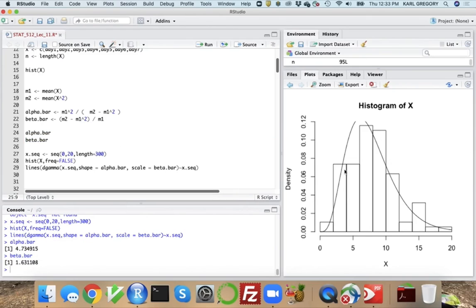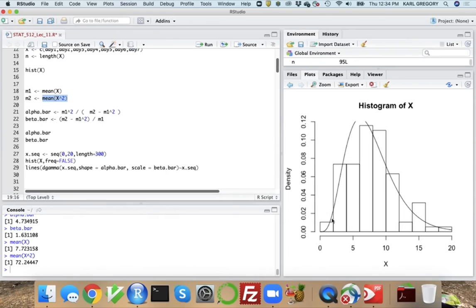So to reiterate what the method of moments estimators are, if I look at this sample of data, it has a mean of 7.72, and the mean of x squared is 72.